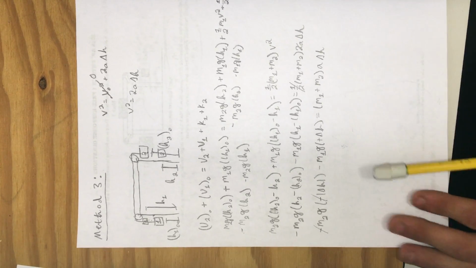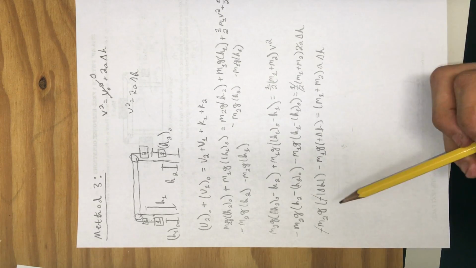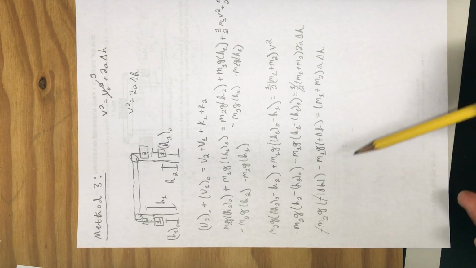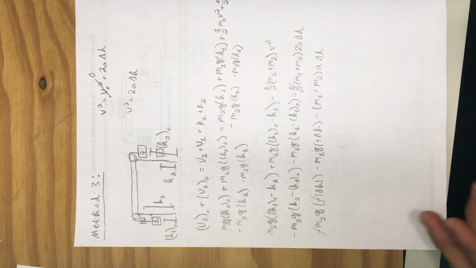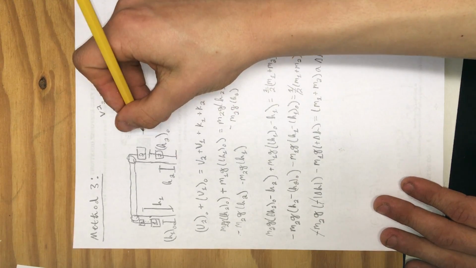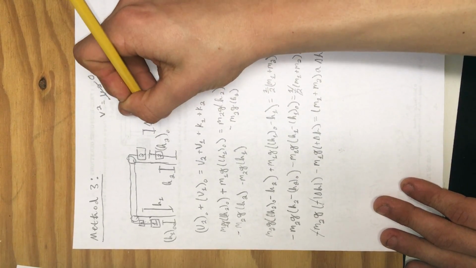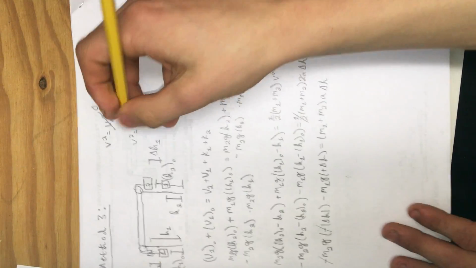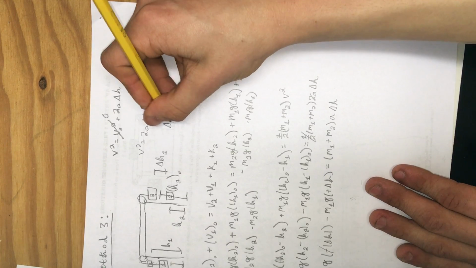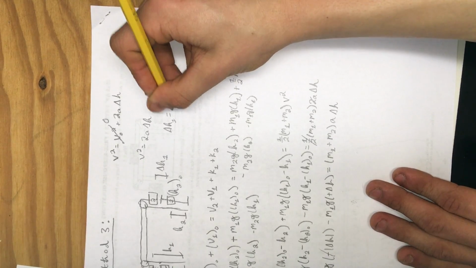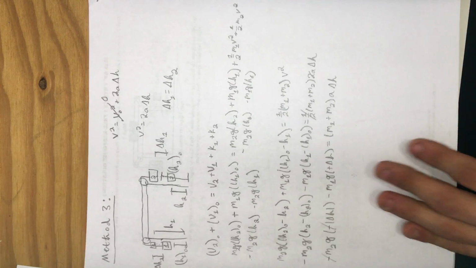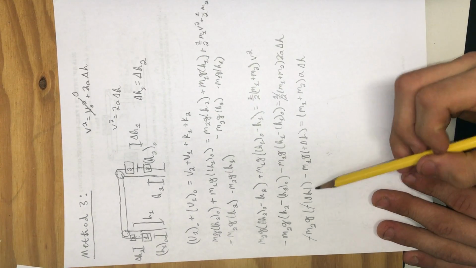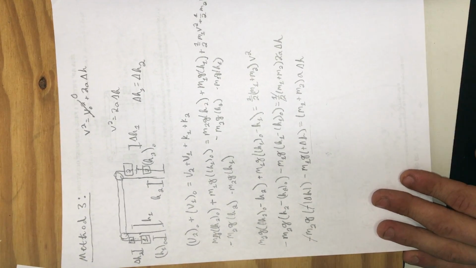Now I factored that out because the change in height of each block, since they're tied together, is going to be the same. So we know that, let's say this is delta h1 here, and this is delta h2. We know that delta h1 is going to be equal to delta h2. So this delta h here is going to be equal to this delta h here.